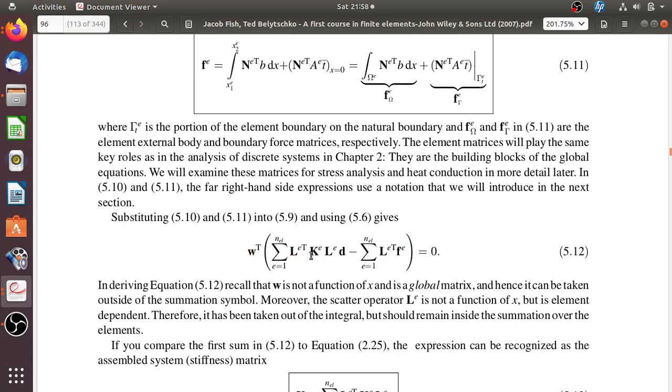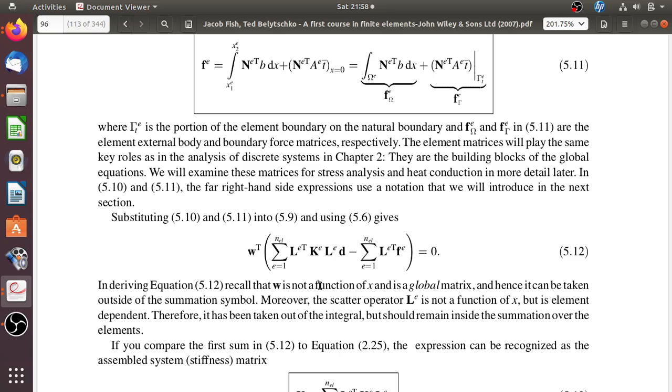Finally, I have got this weak form into this form, and this is the equation I have to solve in order to identify this D. D is what I want to identify.